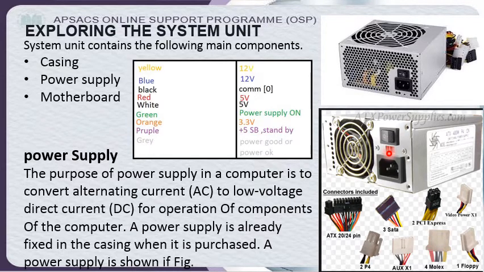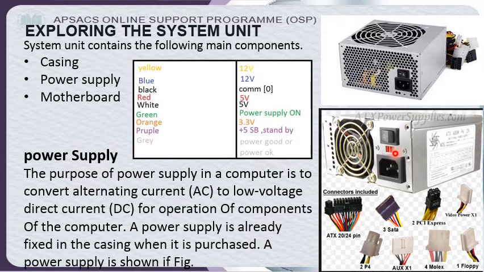But whenever this power supply or your system is used in Japan or some other country where they have a voltage of 110, you will convert this red switch to 110.